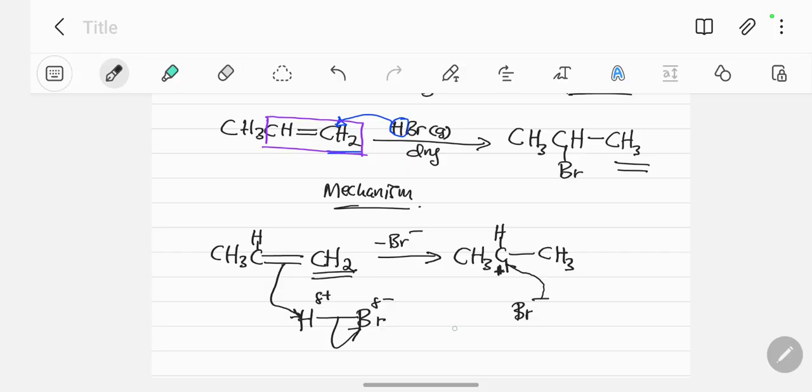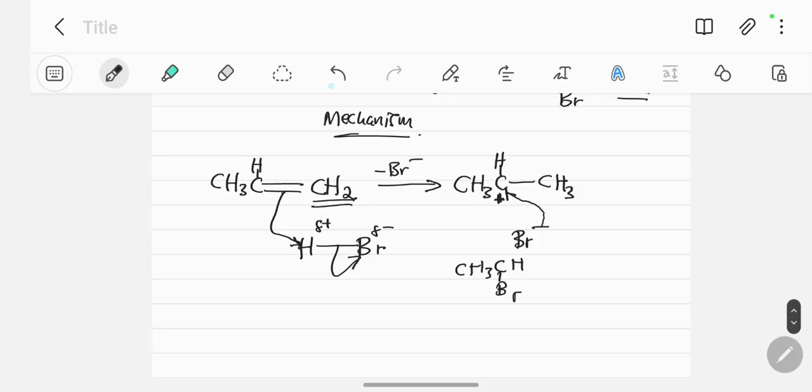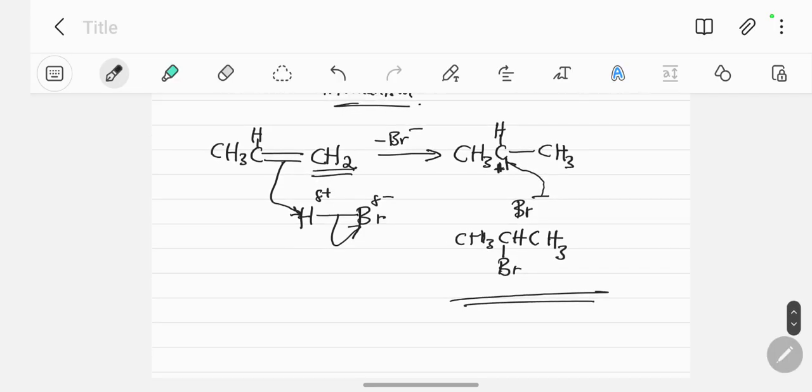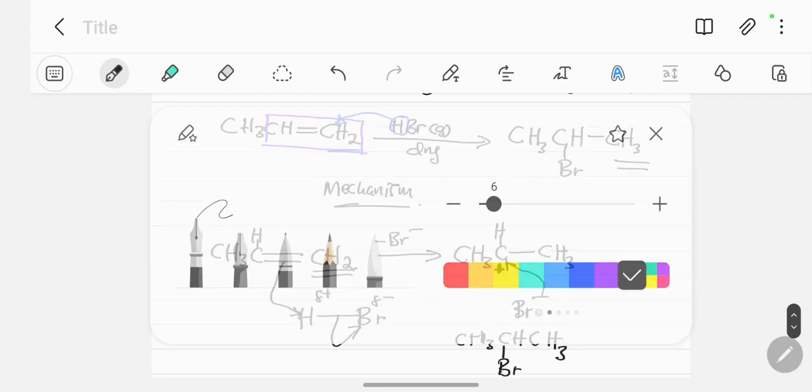Now as it attacks, it's going to give us CH3, CH, bromine there, so it's going to be CH3, CH, bromine, and CH3, like that. So what am I following with this mechanism?